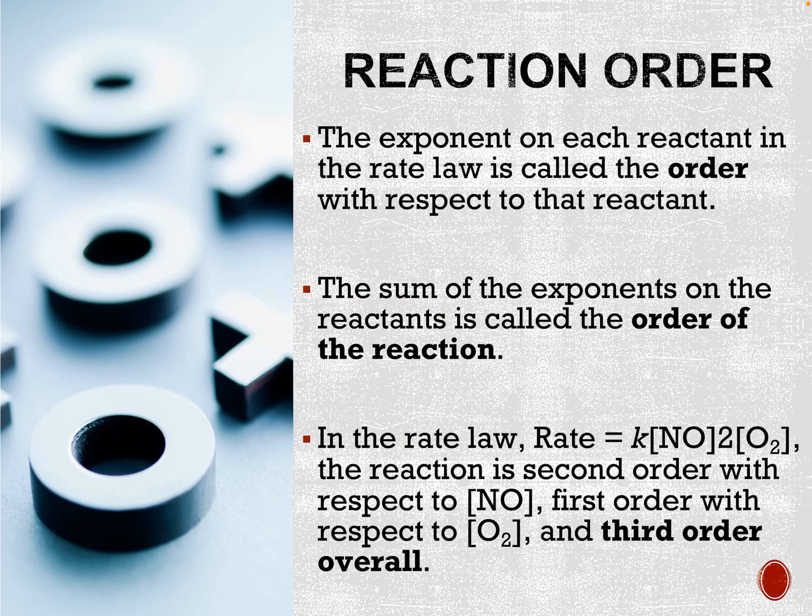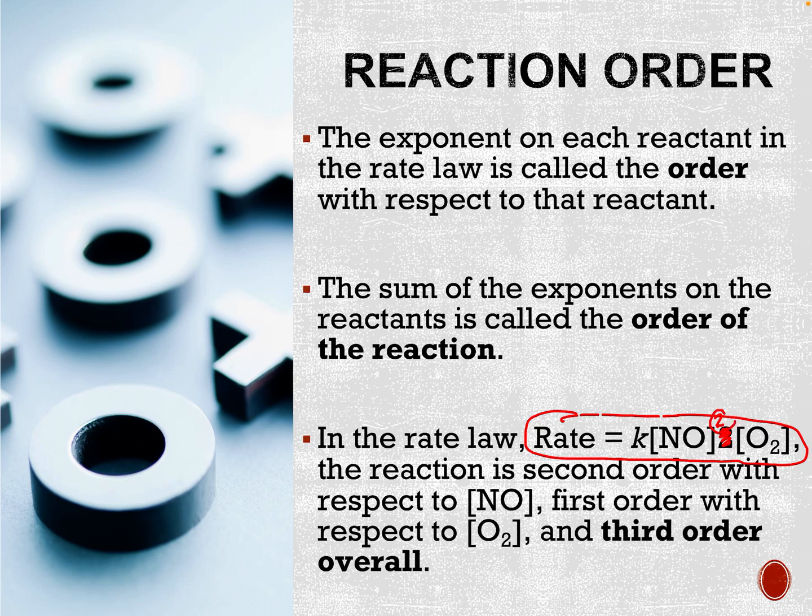Okay, so that n that we were looking at, that exponent on each of the reactants, is called the order with respect to that reactant. And if we add up all of the orders, we add up all of the exponents, then we will get the order of the reaction. For example, if we look at this one, rate equals K times our concentration of nitrogen monoxide. Oh, and this 2, sorry, this should be a 2 up here, okay? Our rate equals K times our concentration of nitrogen monoxide squared times our concentration of oxygen.